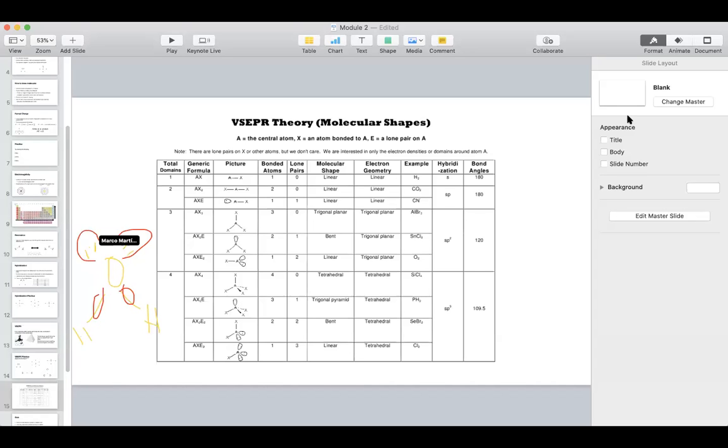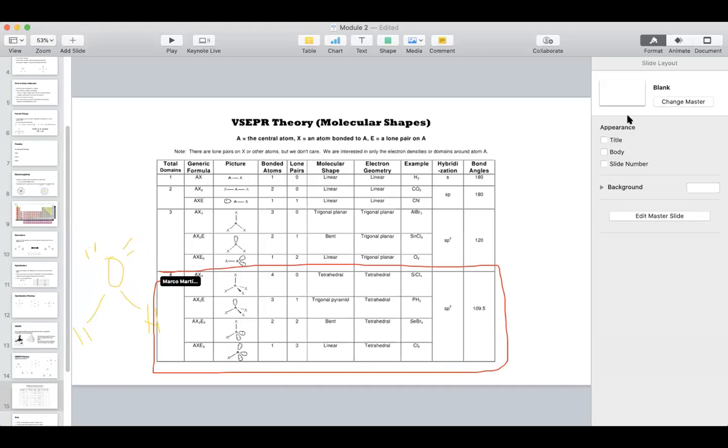So there are 4 electron densities, and in your workbook I believe it shows up as the magic number. So we know we have 4, and we're going to be looking at this section right here. Tetrahedral. So how many lone pairs do we have?